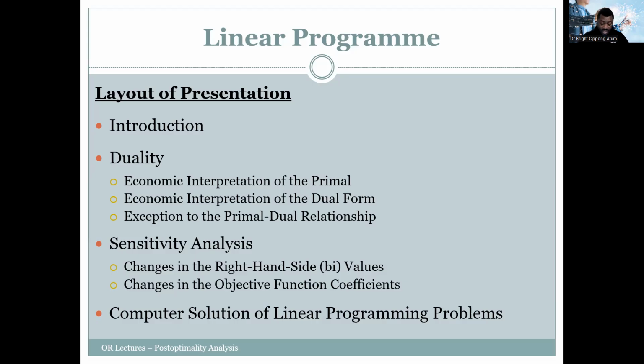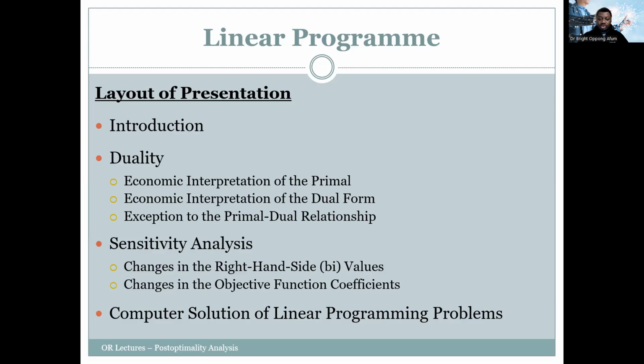Then look at changes in the objective function, assuming the coefficient in the objective function is changing. How do we handle that? The information given to you by a third party has changed.